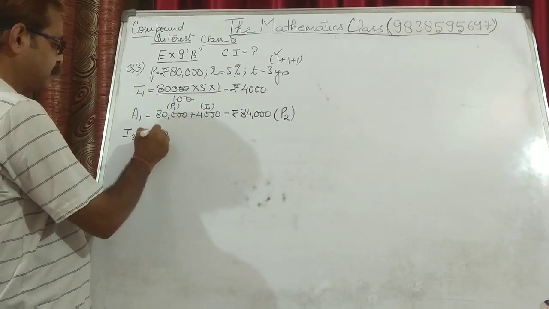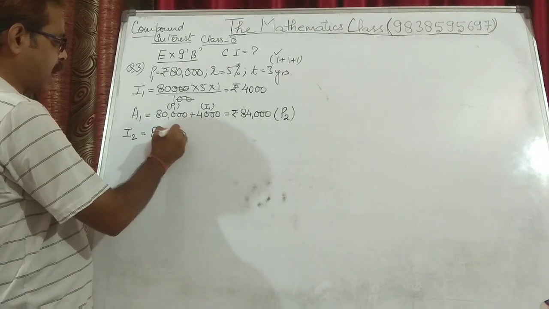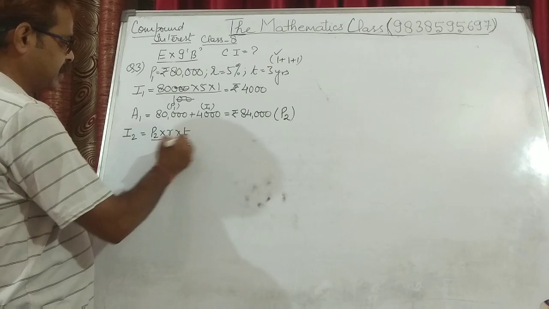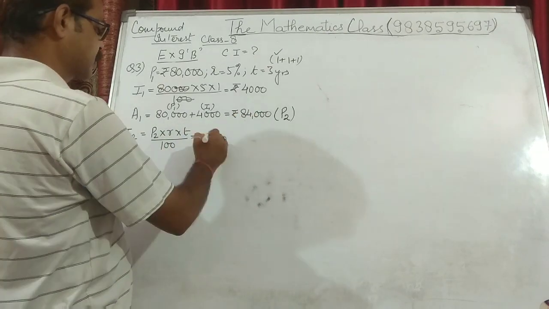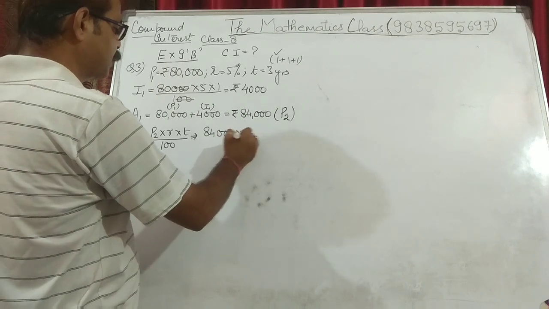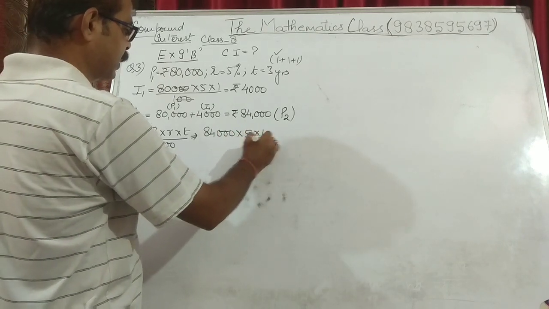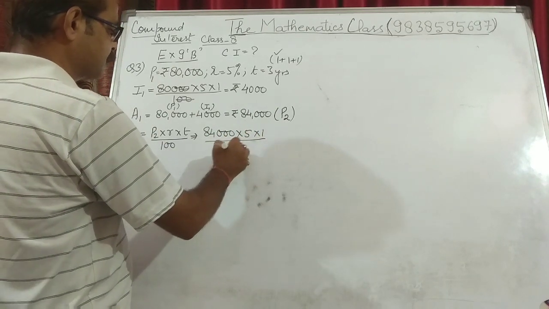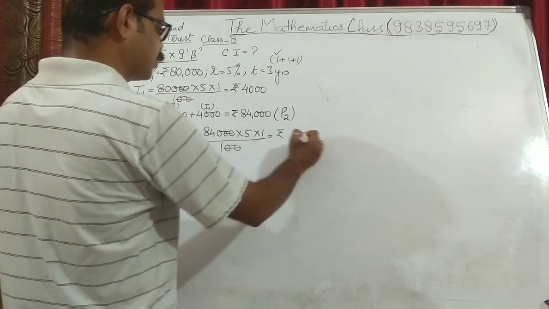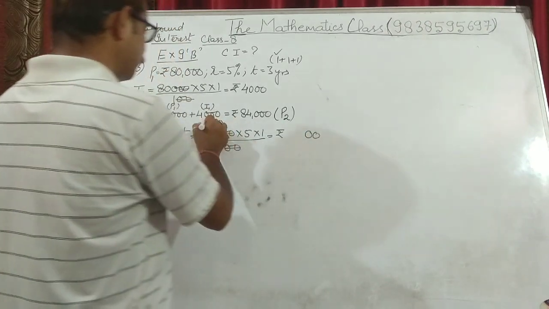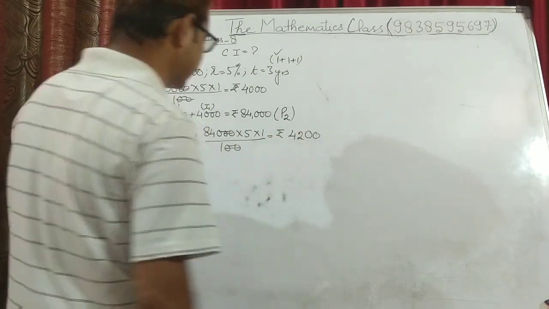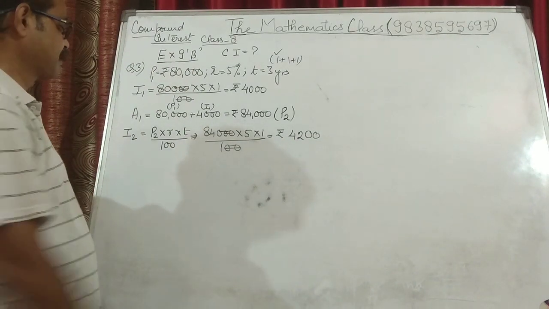Now I will calculate interest for the second year. That will be P2 into R into T upon 100. Now P2 will be this 84,000 into 5 is rate, time is again 1 upon 100, 0 0 cancelled, 5 4s are 20, 5 8s are 40 and 2 42. 4200 is the interest.